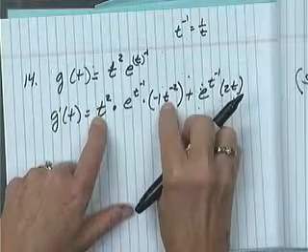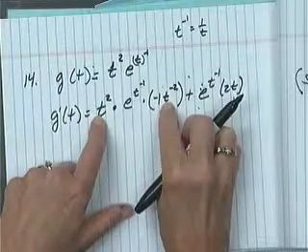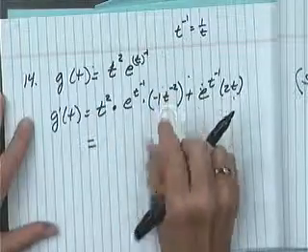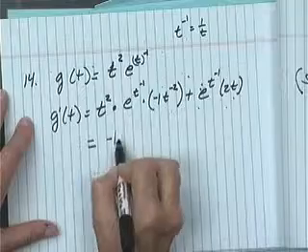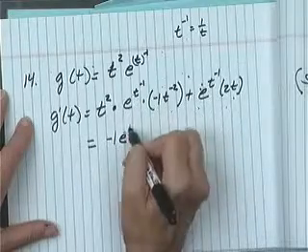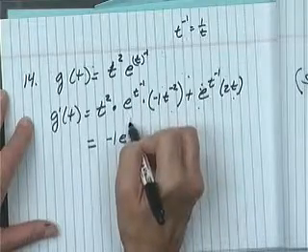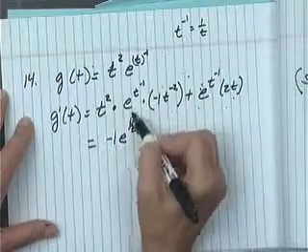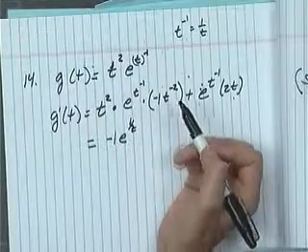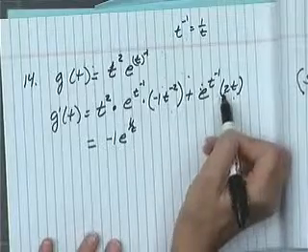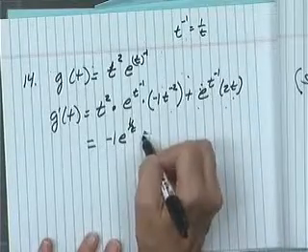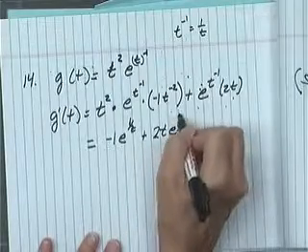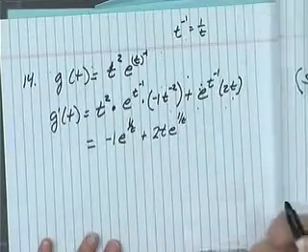So t squared times t to the negative 2 is t to the 0, which is 1. 1 times negative 1 is negative 1, so you've got minus 1 e to the 1 over t. This little part right here, 1 over t. Just trying to make it look pretty. All right, and then the next part is plus 2t e to the 1 over t.